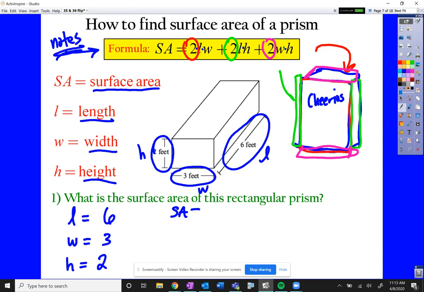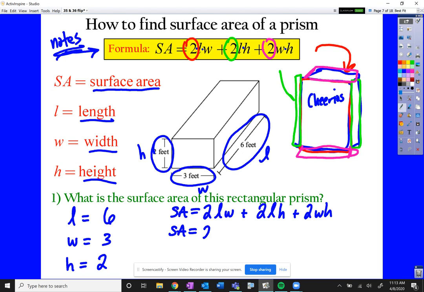Surface area equals 2 times the length. Let me just write it out one time first. 2 times the length times the width plus 2 times the length times the height plus 2 times the width times the height. And now we're just going to plug in all of our dimensions.